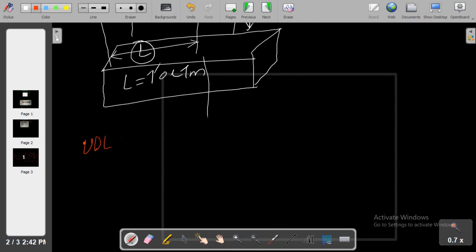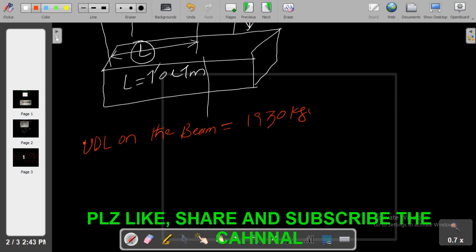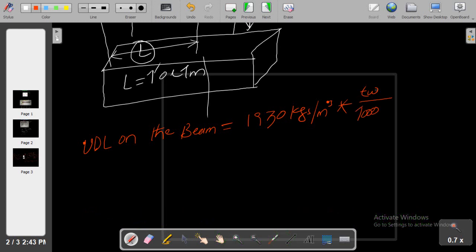The UDL on the beam will be equal to the density of the masonry wall, which is taken as 1930 kg per cubic meter, times the thickness of the wall, TW. The thickness is mostly in centimeters or millimeters, so divide by 1000 to convert it into meters if it is in millimeters, and by 100 if it is in centimeters, times the height of the wall. If the height of the wall is in meters, it's okay.